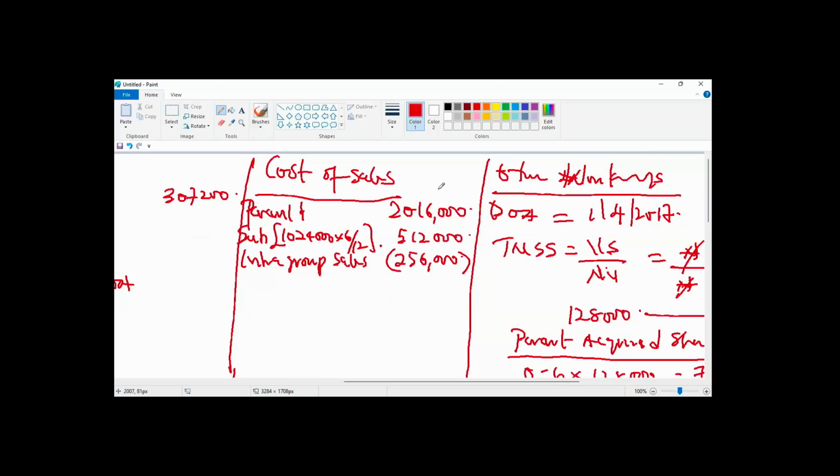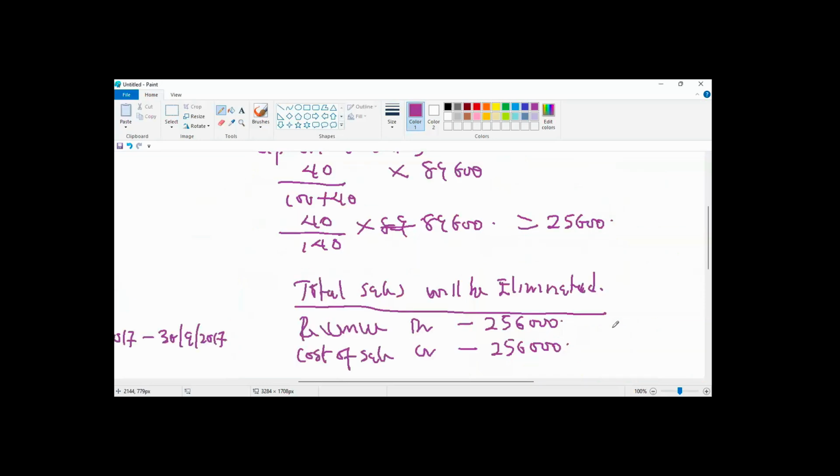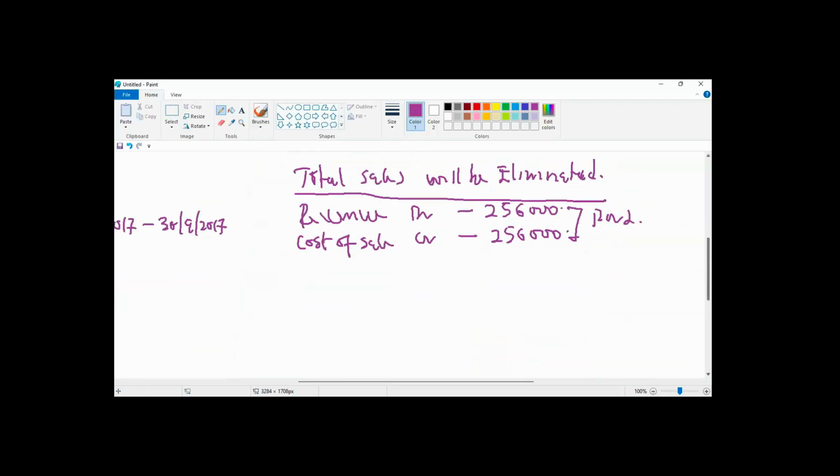Then the second thing, in the statement of financial position, I will not debit. This is for the P or L. In the statement of financial position, which is the consolidated SOFP, I will ask the question, who is the seller? I will debit the seller account. Take the money from his retained earnings. This money is not realized. It's within the group.